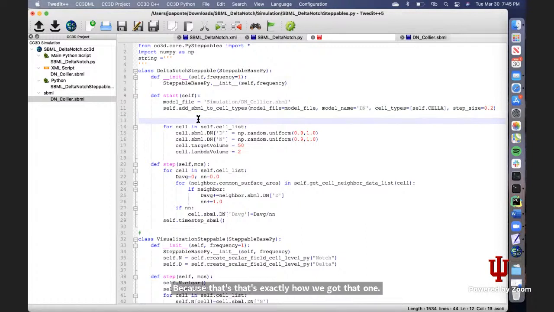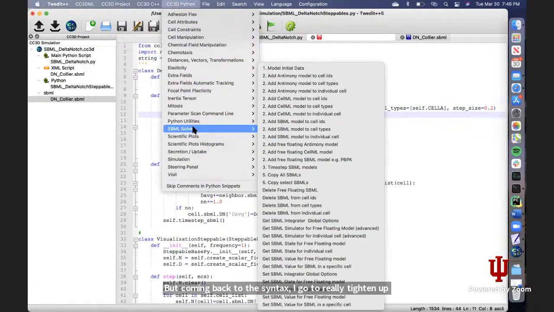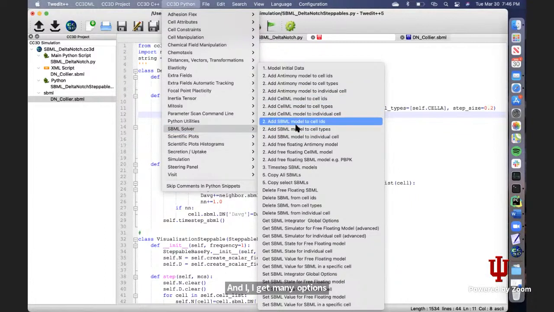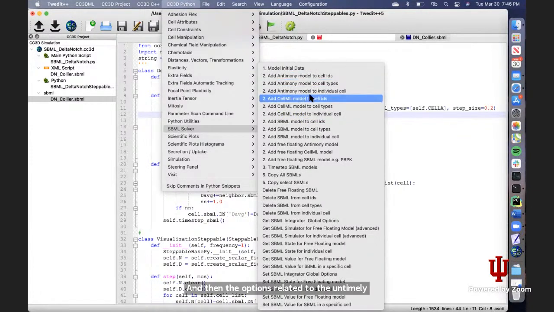But coming back to the syntax, I go to CC3D Python, I go to SBML solvers, and I get many options. Options related to SBML models, options related to CellML models, which is another markup language, and then the options related to the Antimony models.